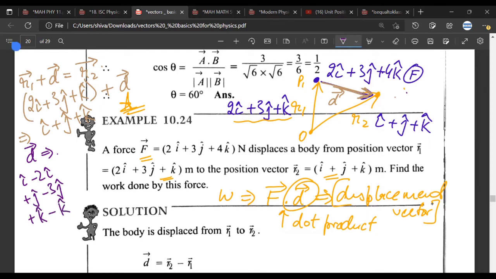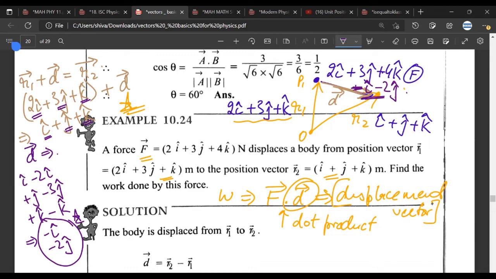Am I clear? This is i, this is j, this is k, and I'm subtracting 2i, 3j, and k from it. So my final answer would be minus i minus 2j. And this would be my displacement vector. Am I clear, Ms. Avantika? Yeah. So I have found the displacement vector now.